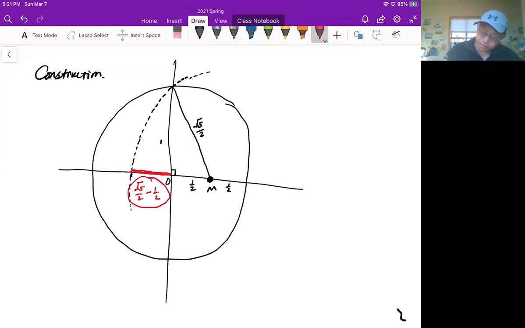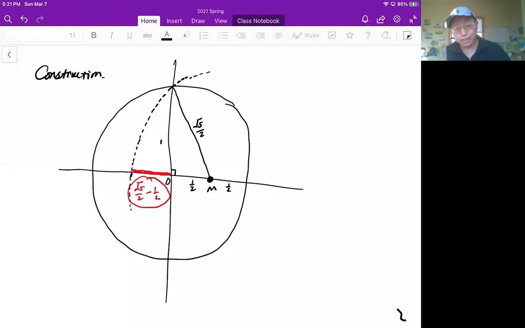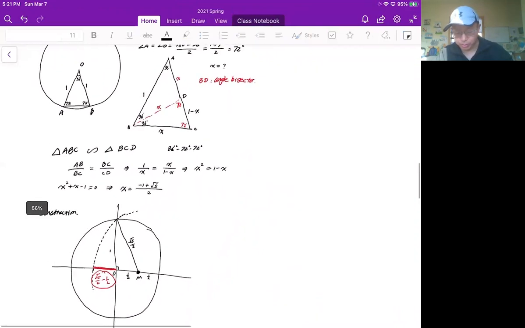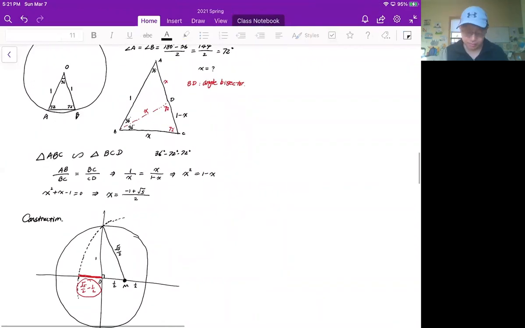And we are done. So this is exactly what we are looking for, right? That length is just the side length of the regular decagon, right? Okay, we're done. Let me give everyone a few more seconds.